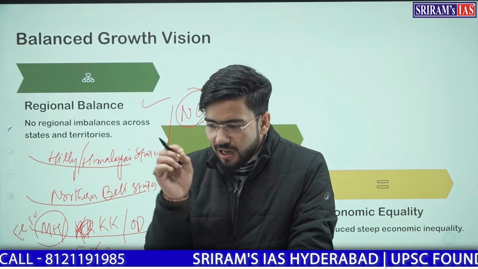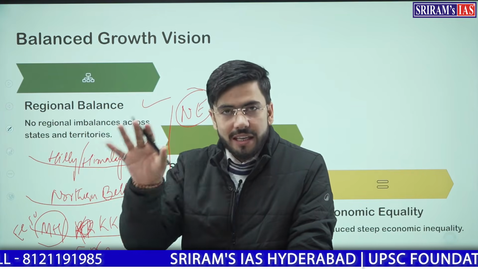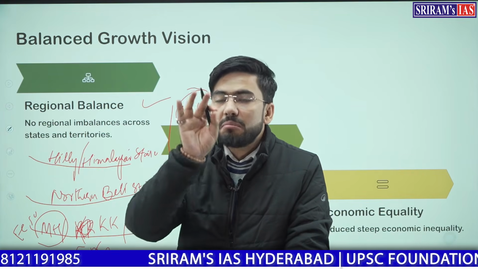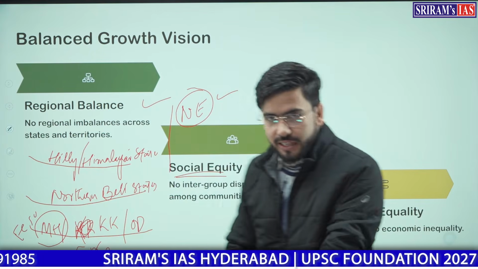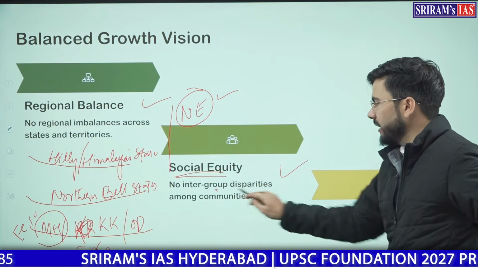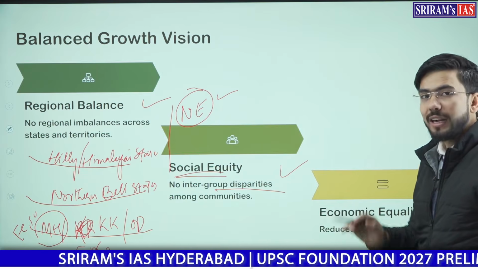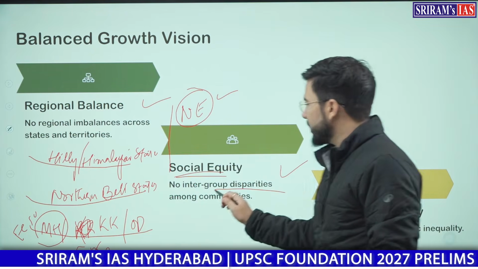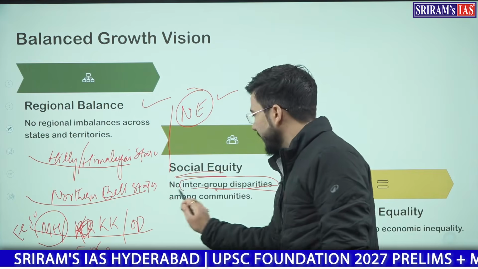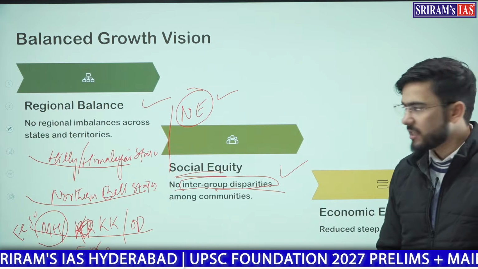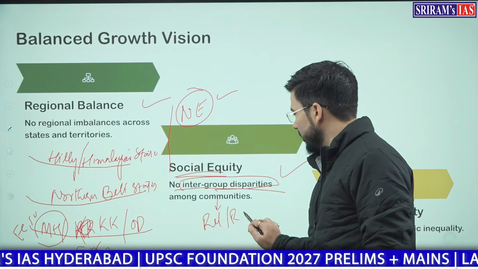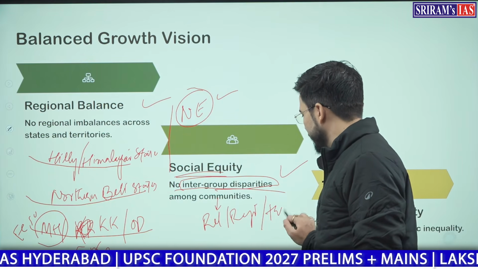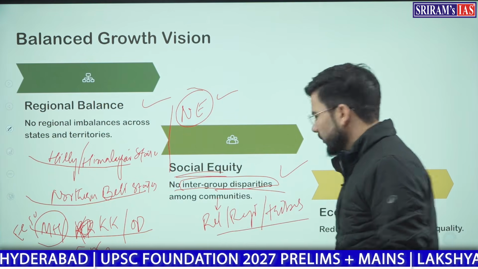These are those sections, or these are those areas where the effects of development have not reached yet. Thereby we should understand that there should be no intergroup disparities among the communities, whether that is religious community, regional community, tribes, or any other.